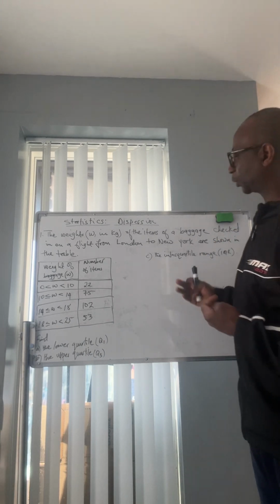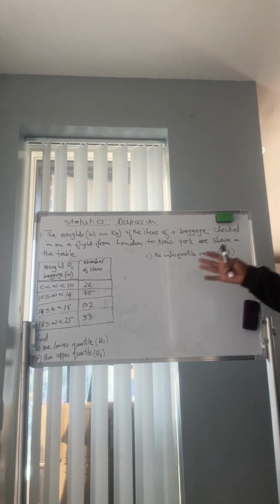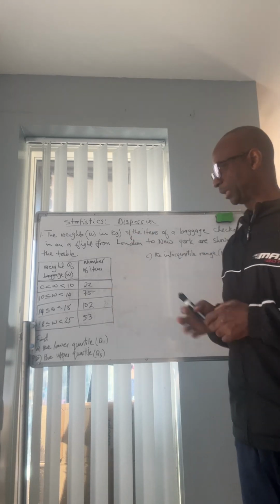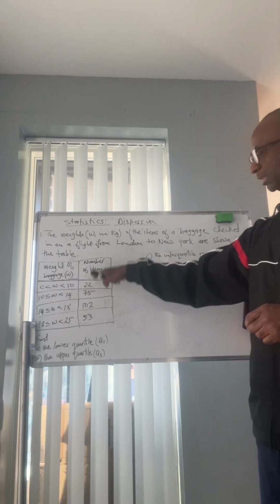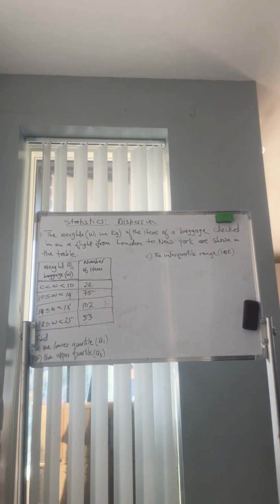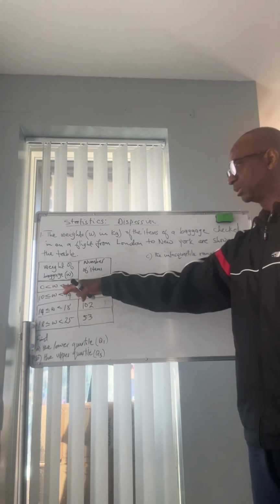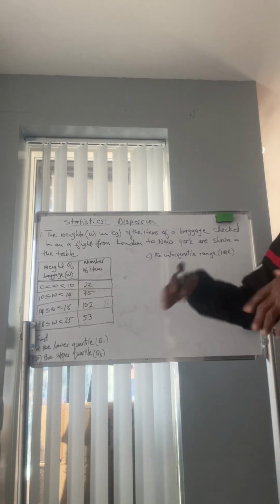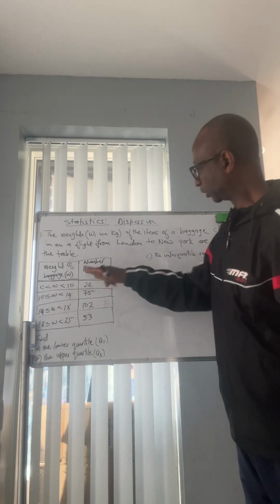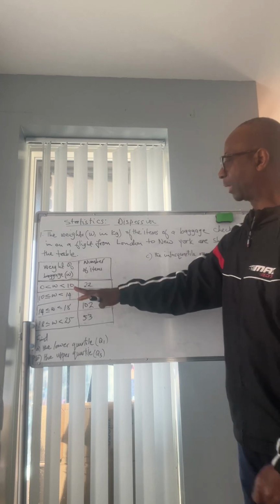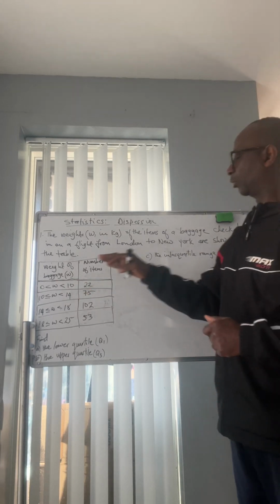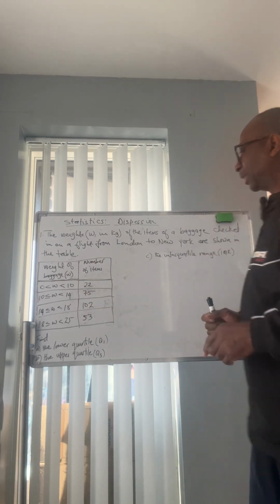So the column we need to add here is the column of cumulative frequencies, because these are frequencies. These numbers you see on the right hand side here are frequencies, simply telling you the number of bags between 0 to 10 kilogram. We have 22 of them. You can't just write number 1, 0 to 10, number 2, 0 to 10 kilogram.